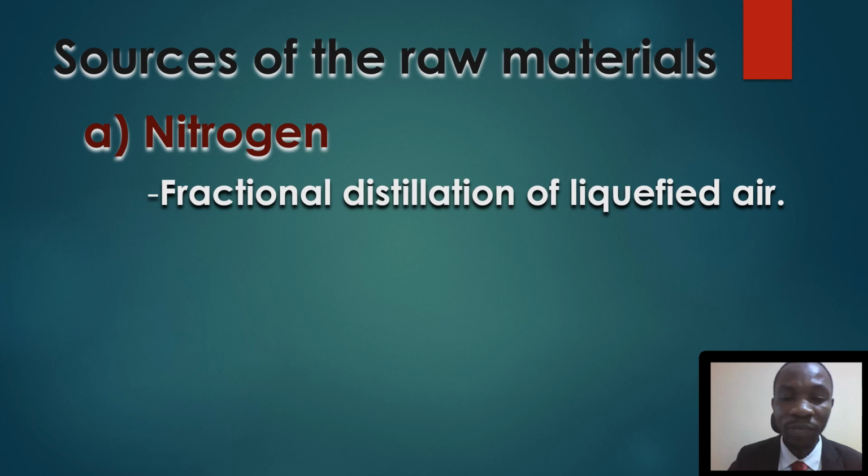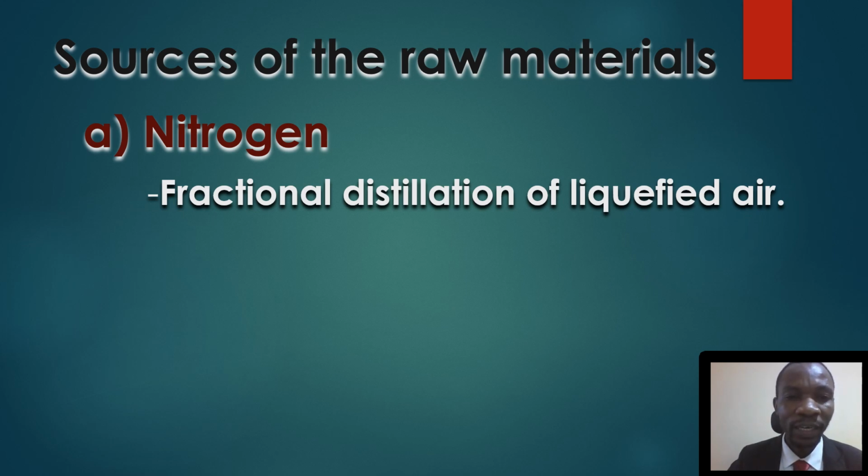Nitrogen gas will distill at negative 196 degrees Celsius, so it will come out as the first fraction. That is the process of fractional distillation of liquid air. That is the source of nitrogen during the Haber process.